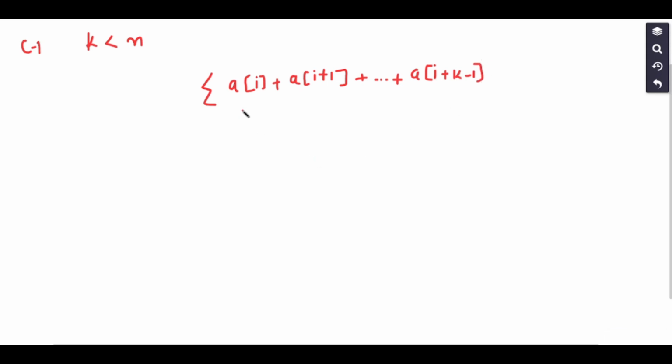Because we want to sum for k positions, so let's say if k is 2, then I would sum from i is equal to 1 till, okay, so this is the sum which I want to calculate, where i is the starting position. These are the k integers we have.